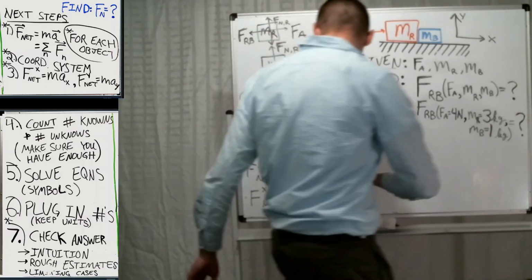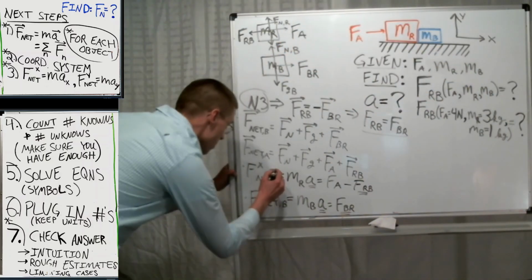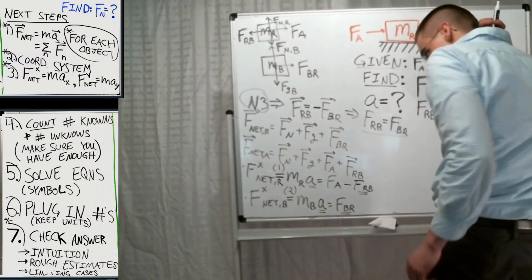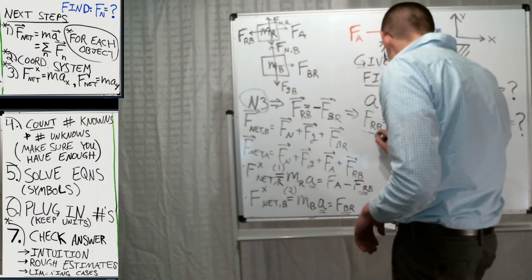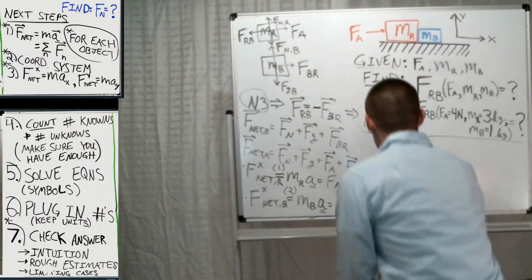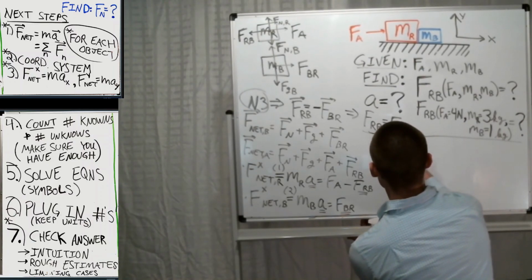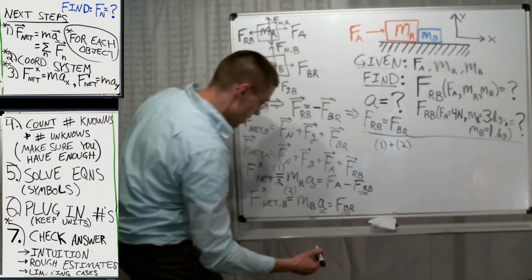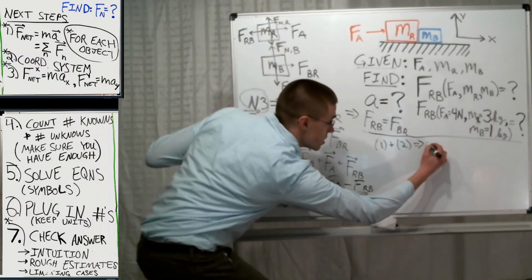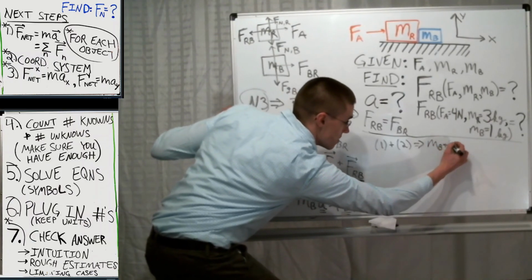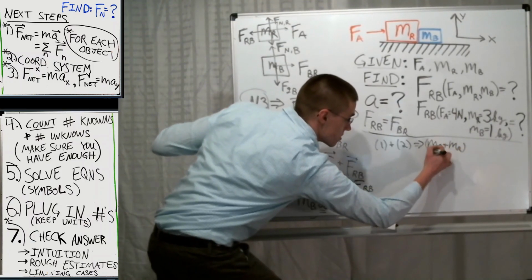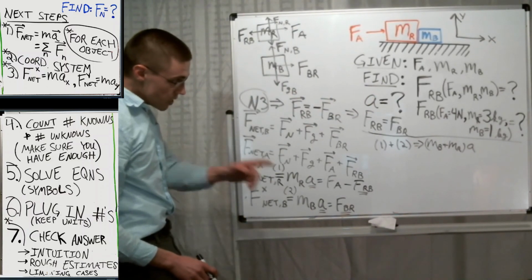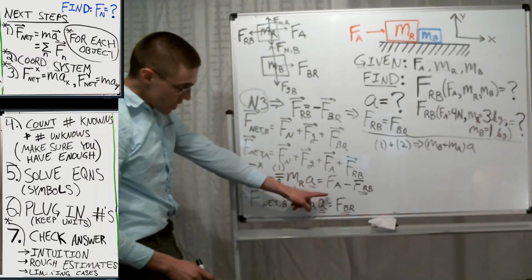I will take these two equations here. We'll call this 1 and we'll call this one 2. I'll take the 2 and I'll add them together. Right? So if I do that, I take 1 plus 2, and I add these two things together, I'm going to get MB plus MR times a on the left-hand side, and on the right-hand side, I'm going to have just an FA, right?